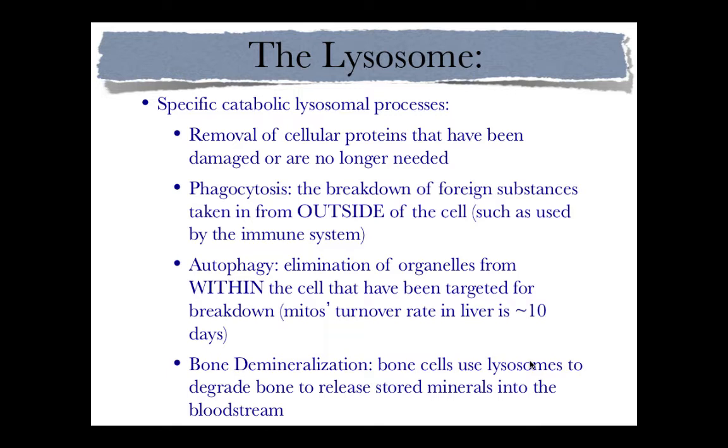And loose electrons can damage other molecules. So a mitochondria is pretty good at maintaining its function and its integrity for about 10 days in liver cells. And then it starts becoming problematic and dysfunctional, and the cell has a way of recognizing that and breaking it down using its lysosomes. And then a better mitochondria replaces it.